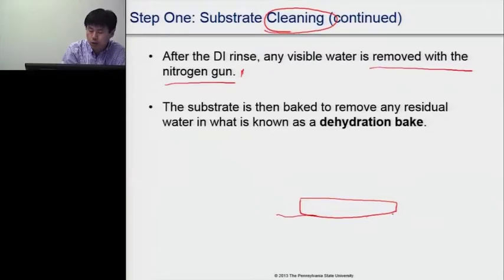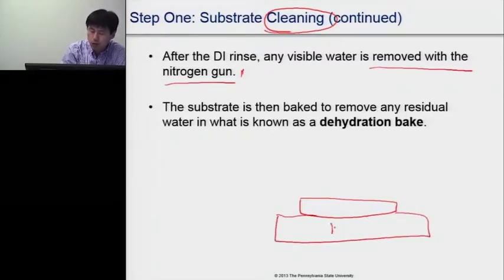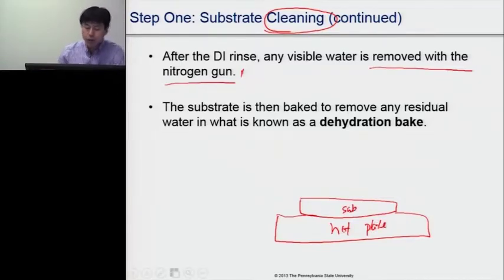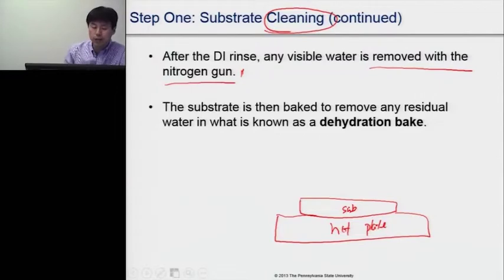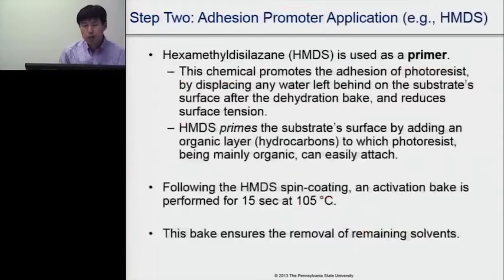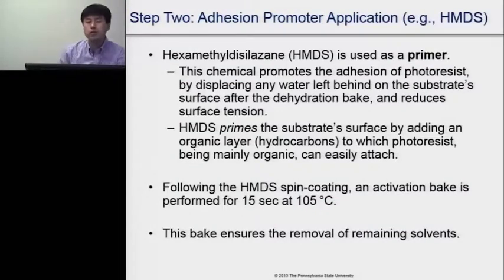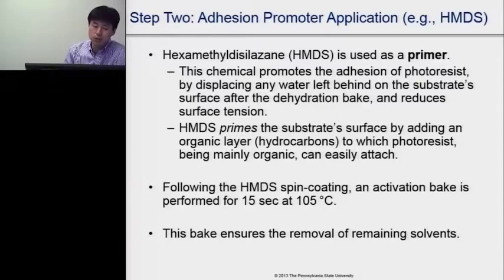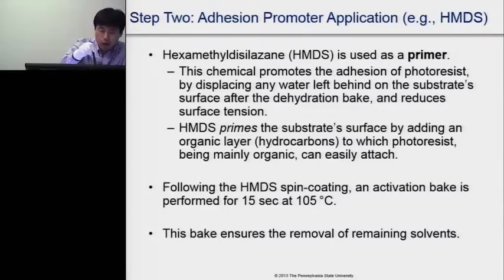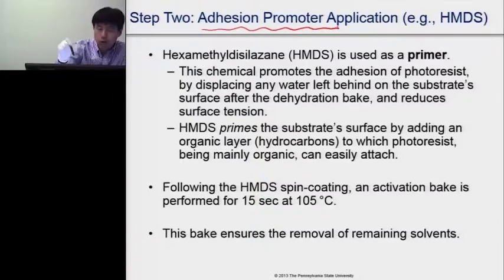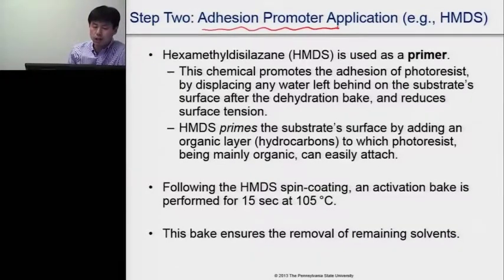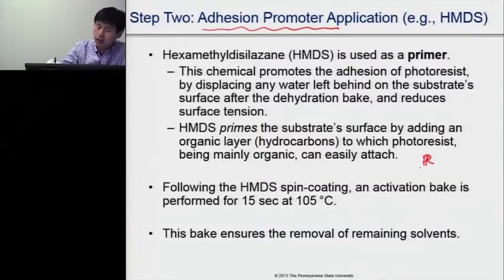So we put the substrate on a hot plate and do an additional dehydration bake. After the dehydration bake, we cool down the substrate, and then we apply an adhesion promoter, which increases the adhesion between the photoresist and the substrate.